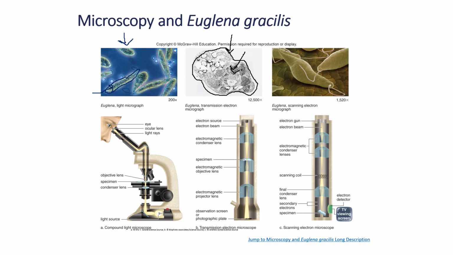The problem with transmission electron microscopy is that these things have to be dead and they have to be extensively processed. So some of the things you're seeing could be artifacts, but most of the time it's not.